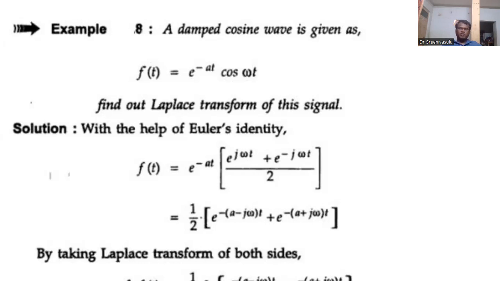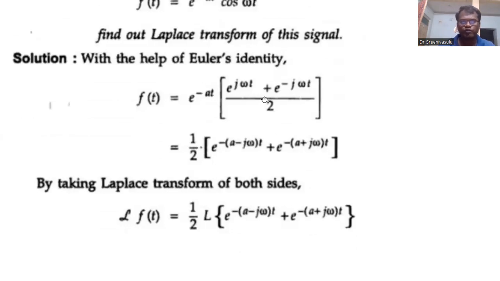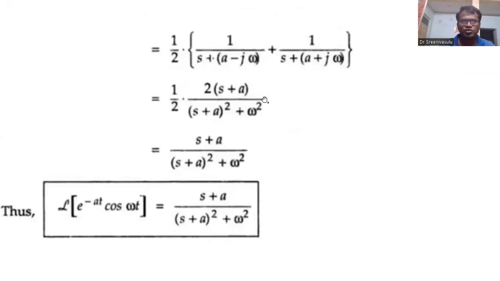Whenever we have a, we are going to write s equal to a plus j omega. Now you substitute the data: 1 divided by s minus a, and s plus a.